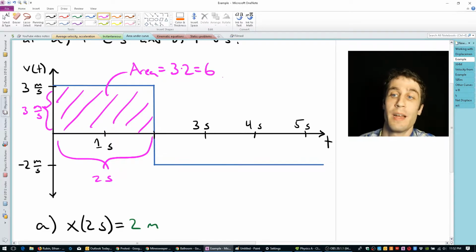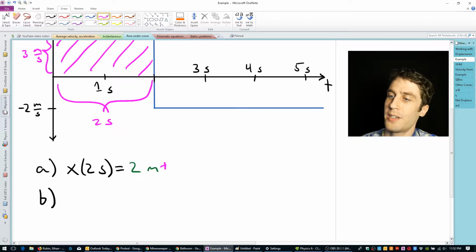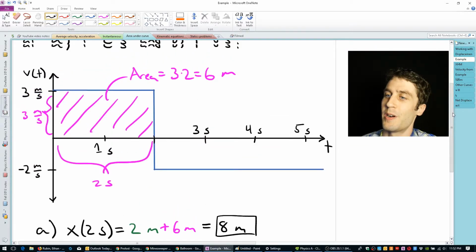That's 6 meters per second times seconds, so that's 6 meters. So we take our 2 meters, our initial displacement, and we add 6 meters. That gives us a total displacement of 8 meters. That's the answer to part A.